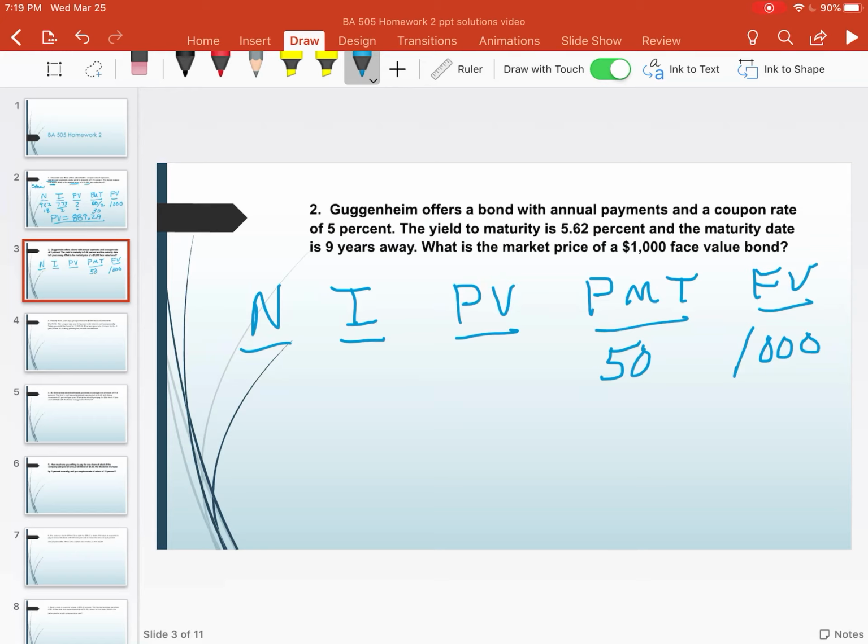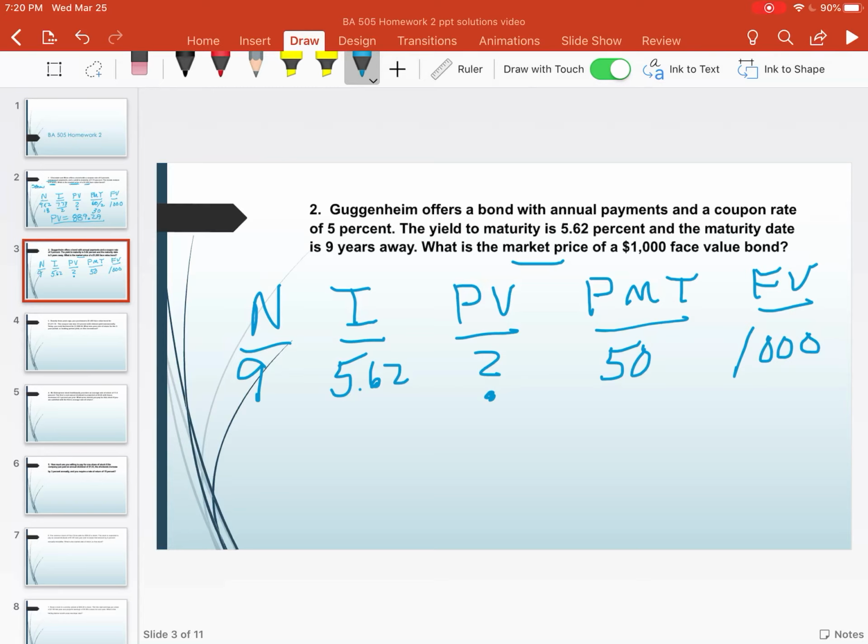Again, that's just 1,000 times 0.05. We're still solving for the market price, so that's still today's price or the present value. The yield to maturity is 5.62%, and the maturity date is, again, 9 years.